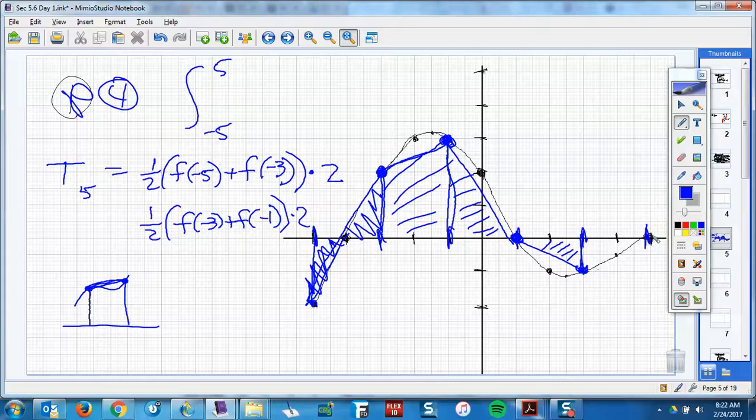Left edge to the curve, right edge to the curve, which is on 0, makes another triangle. So out of those 5 trapezoids, only one of them was an actual trapezoid. The others were triangles and a pair of triangles, but it doesn't matter. The triangle formula still gives those areas when you add them all up.